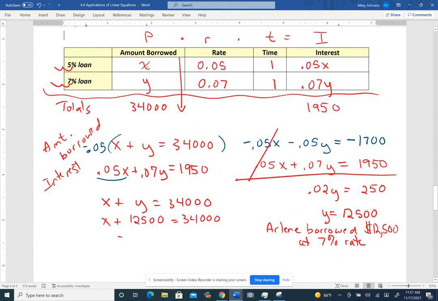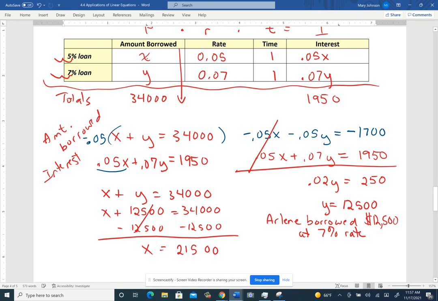So that's what I'm going to do. Take away 12,500 from the 34,000, and that'll tell me what my x is. So I wind up with 21,500 for x, and then you have to interpret that. So she borrowed 12,500 at the 7% rate, and the rest, 21,500, at the 5% rate. Okay.